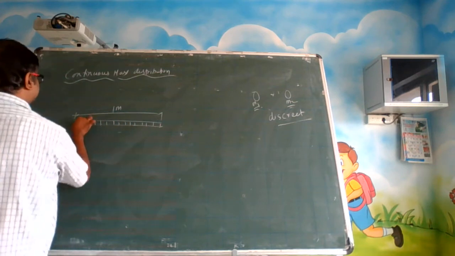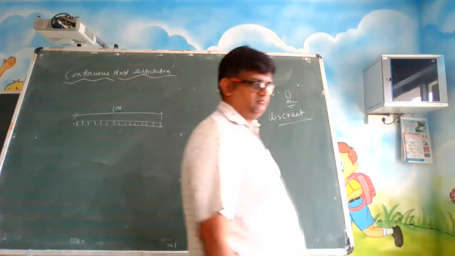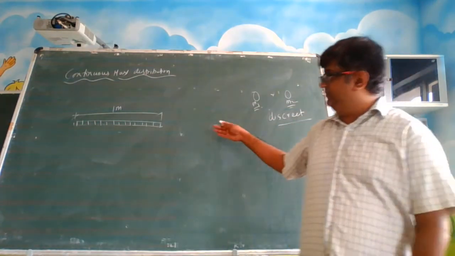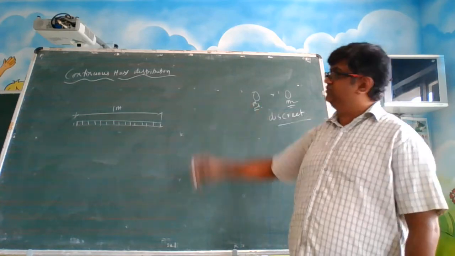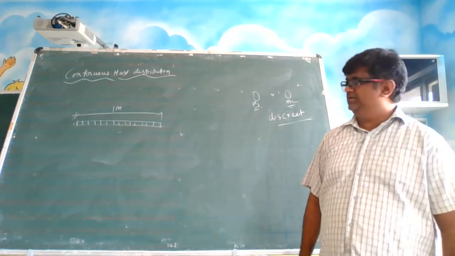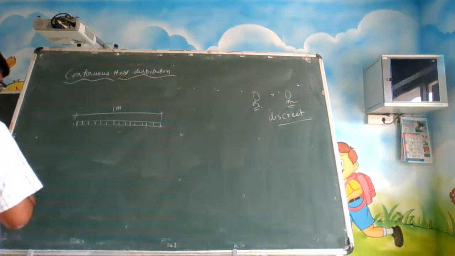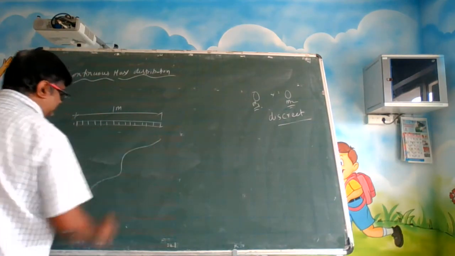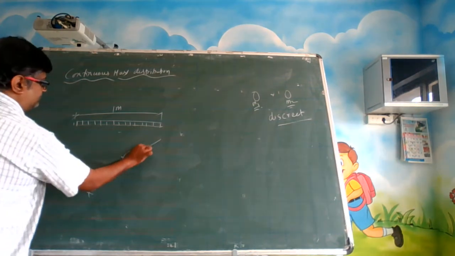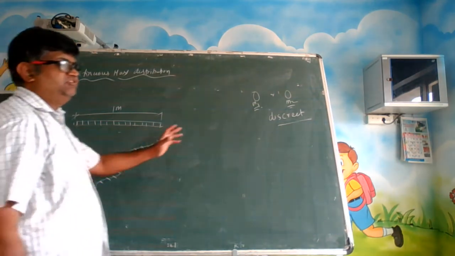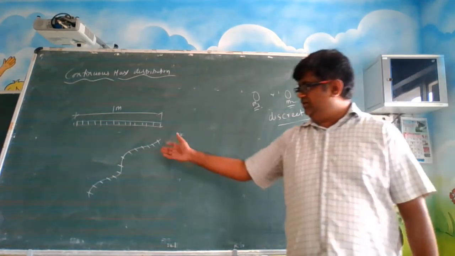So, this itself is a system. Here the mass is distributed throughout this metallic rod. That is a continuous mass distribution. This is a simpler case, but you can also have a wire like this. If I take elements, these are all small pieces. When you add them together, you get the total mass. So, this is a continuous mass distribution system.